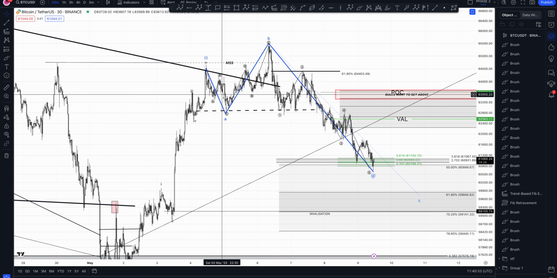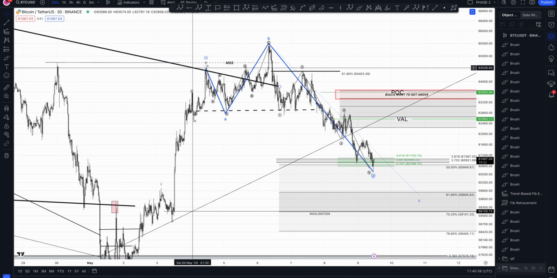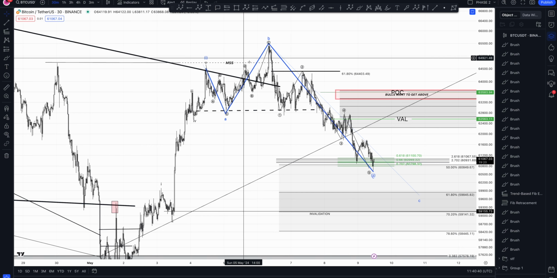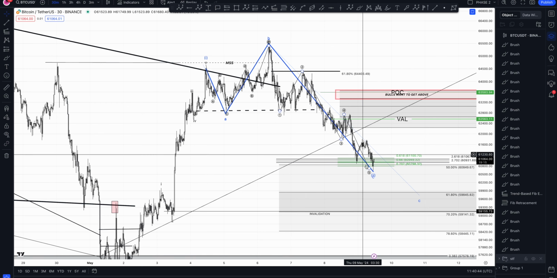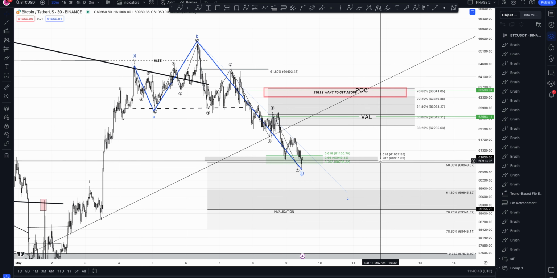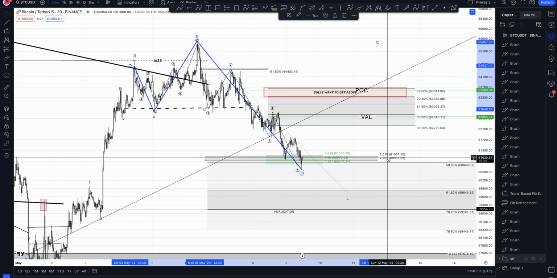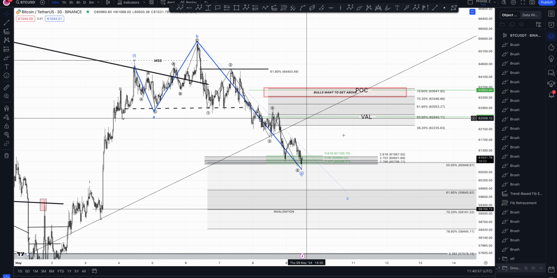So this was your 3-wave move down for your A, 3-wave move up for your B. Took out this A wave high, had a market structure shift, and then had a waterfall like move to the downside. Came down to our 270.2% fib and our 2.786 right over here.